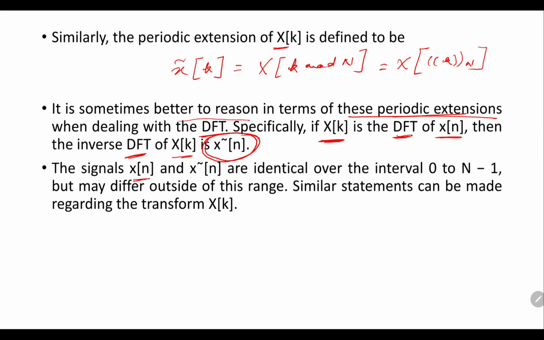The signals x[n] and x bar of n are identical over the interval from 0 to N minus 1, but may differ outside this range. This range is defined, but outside it they may differ. A similar statement can be made regarding the transform: we have made this statement for the simple signal x[n], but for the transform we can make the same statement. Capital X[k] is identical to X bar of k over the interval 0 to N minus 1, but may differ outside this range.